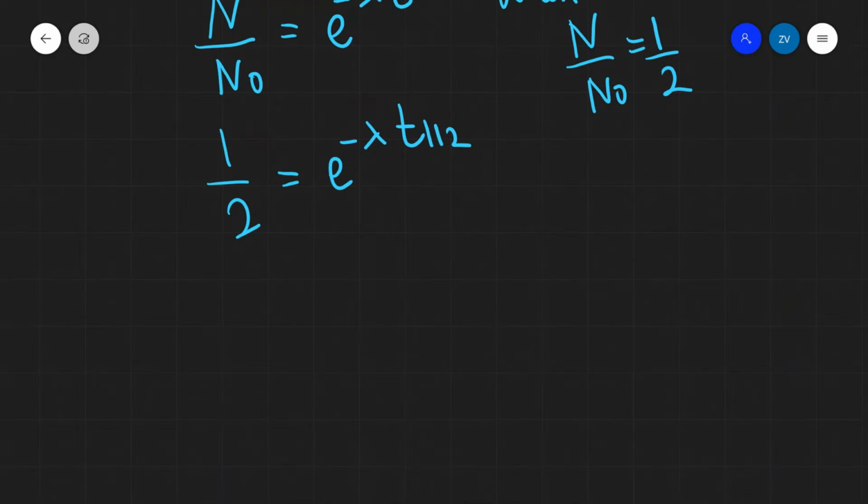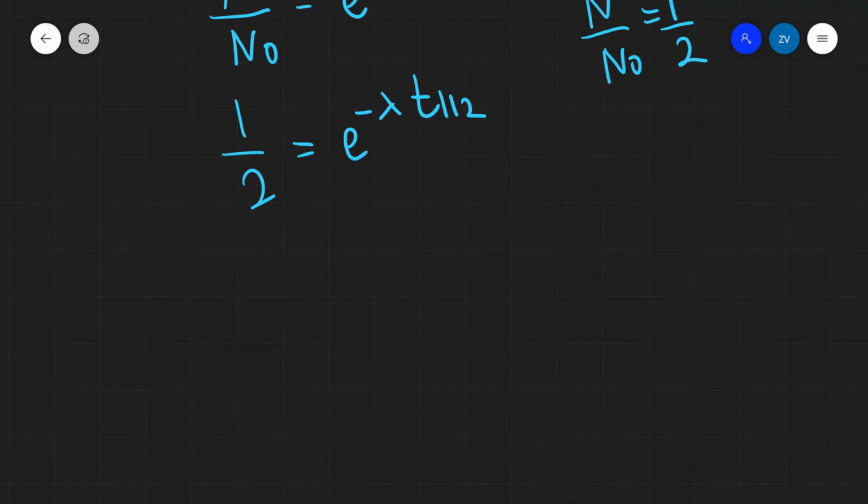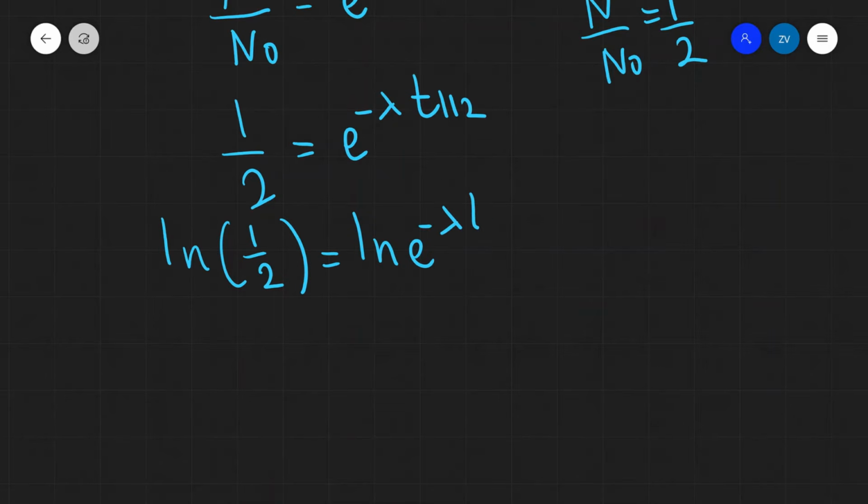Because we want to rearrange for whatever is in the exponent, I'm going to need to take the natural log of both sides. So I'm going to say that ln of a half will be equal to ln of e to the minus lambda t half.